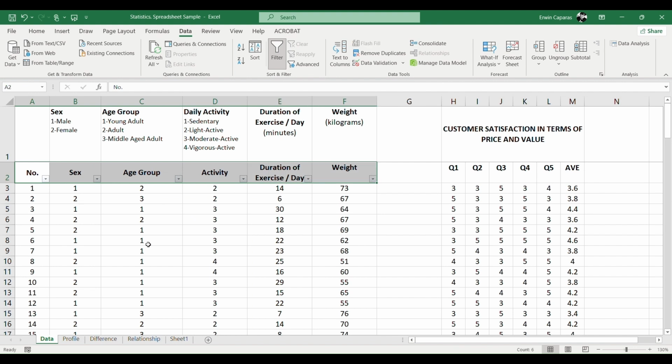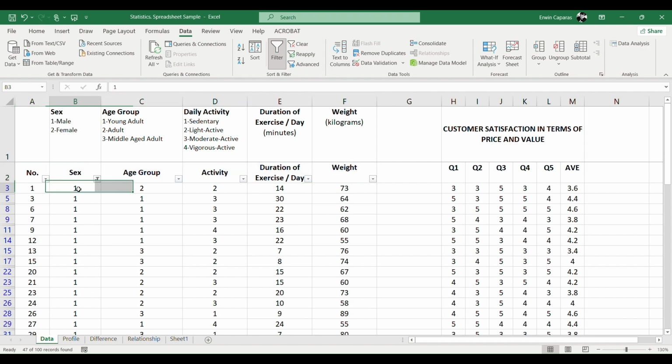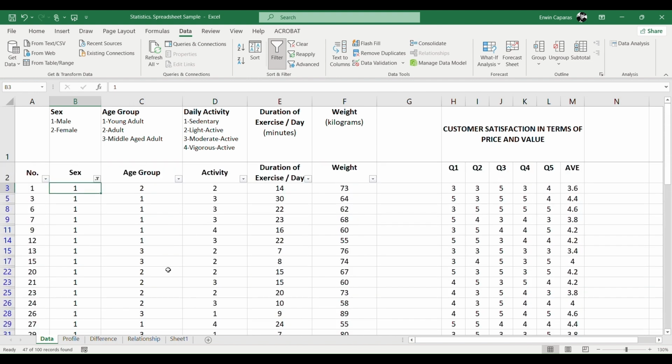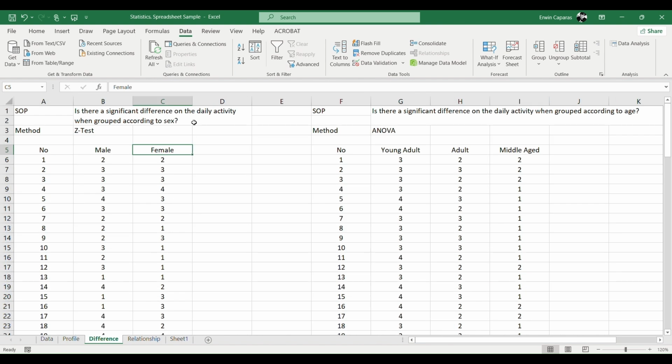Since it will be a comparison of male and female, let us start with the male. So we filter number 1, and all of the responses of male will be presented. Say for example, our problem is about the daily activity.